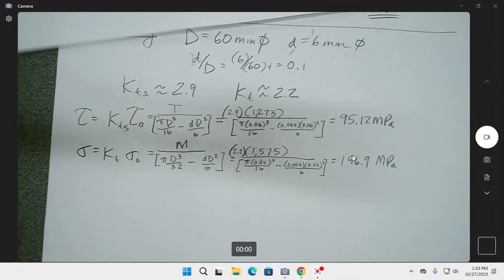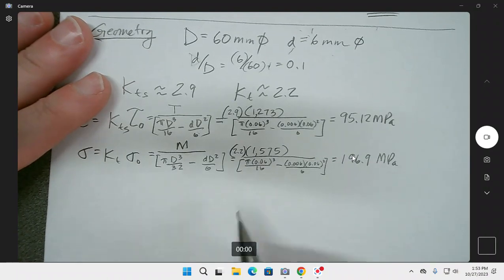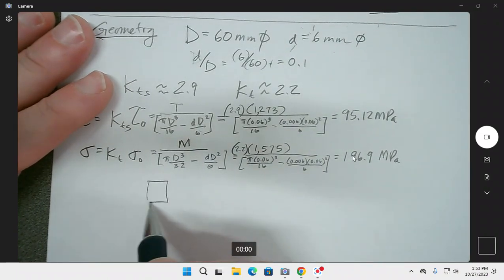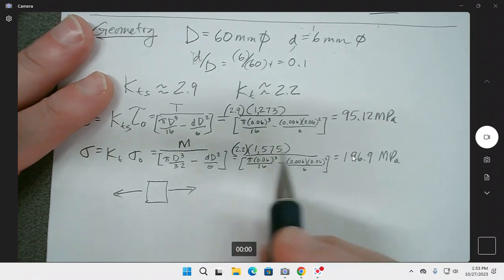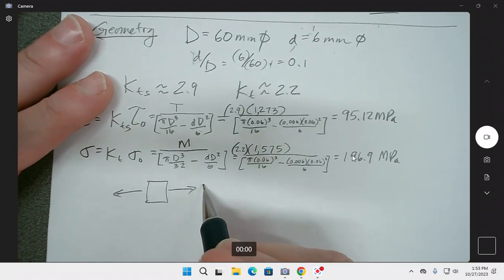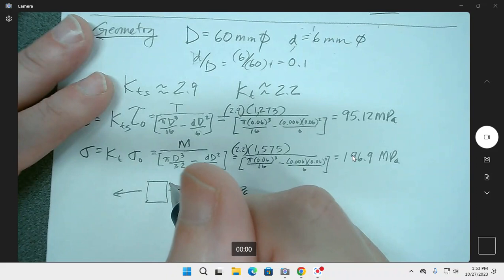All right, so now we do our usual shtick. This is a stress element that has, we're saying, right there, the worst case spot of 196.9 megapascals in tension or compression.